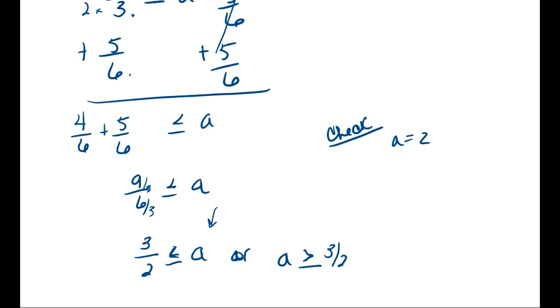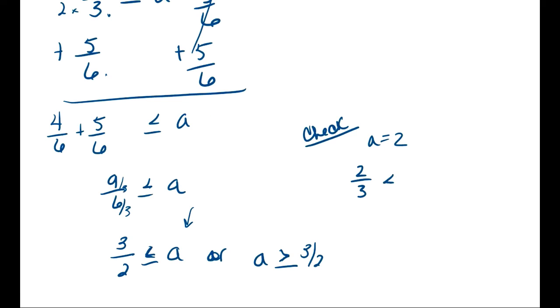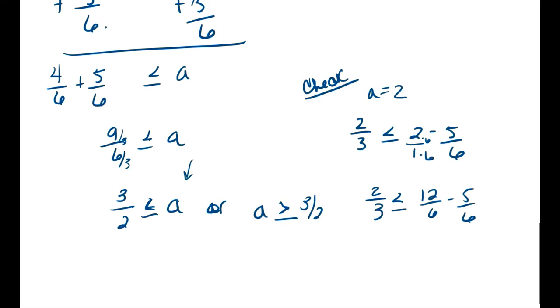Okay, so now 2/3 is less than or equal to 2 minus 5/6. Now, I want this integer to become a fraction of like denominators. So I can multiply top and bottom by 6 and get 12 over 6 minus 5 over 6.